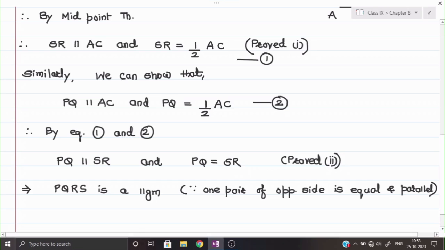Okay, this completes the proof of the third part as well. Here we'll write down proved third part. Okay, this completes the first question.